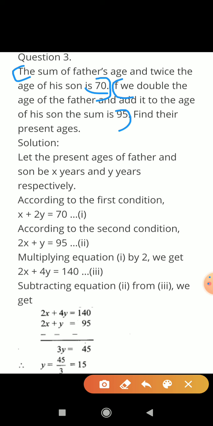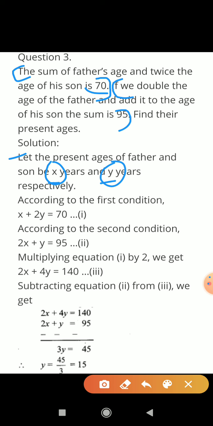From these two conditions we have to make the equations first, and then we can find the values of x and y. Let the present ages of father and son be x years and y years. We can alter also; we can take father's age as y and son's age as x. Here we consider father's age as x years and son's age as y years.